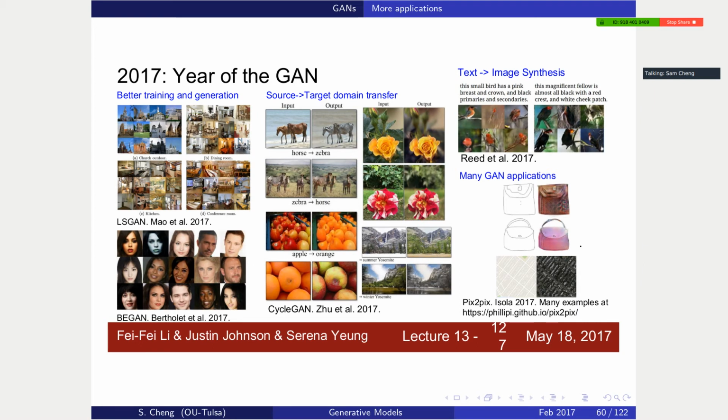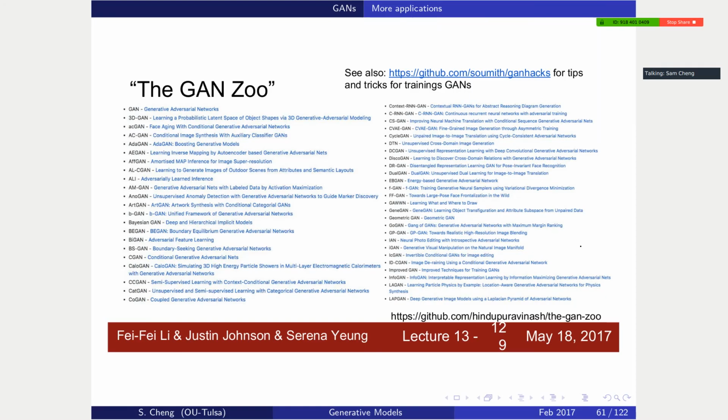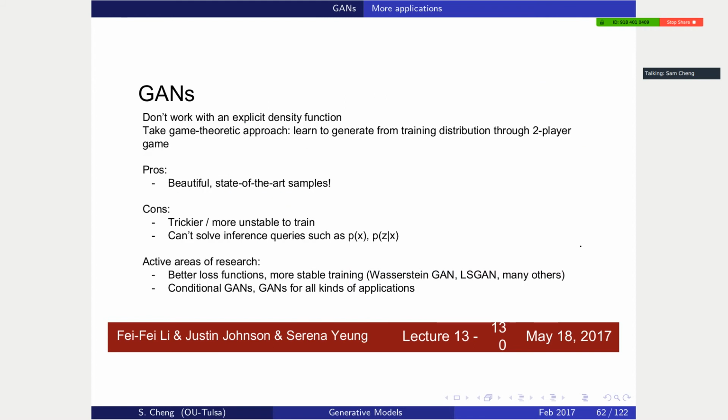people of course still have lots of interest in GANs. I probably will still have this interest for many more years to come. There are some links here, probably a little bit dated, but if you're interested, you can still look into them. And there are some variations, for example WGAN.